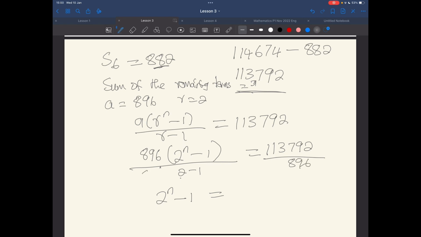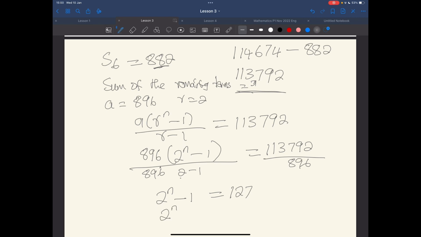So we have divided both sides. If we divide 113,792 by 896, you can use your calculator to do that, you will get 127. So take the 1 to the other side.